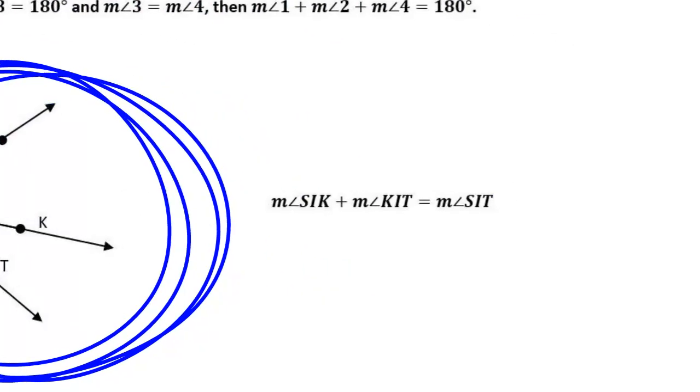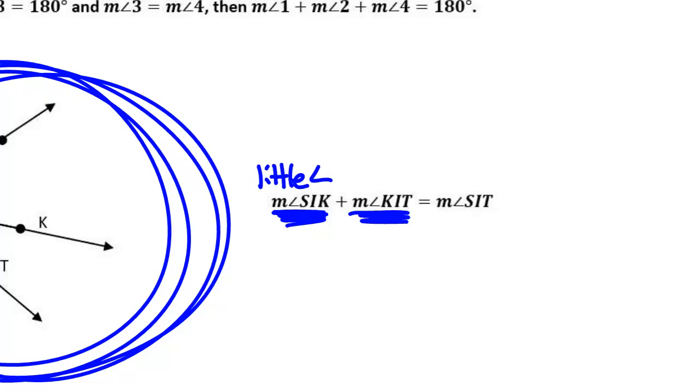Let's look at the equation that they have written. What is this? Measurement of angle SIK. So it's an angle. Is that one of the big ones or little ones? Little. So we have a little angle. And then they are adding that to angle KIT. Is angle KIT big or little?